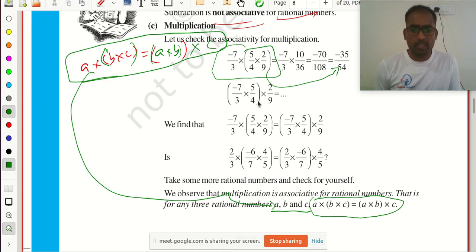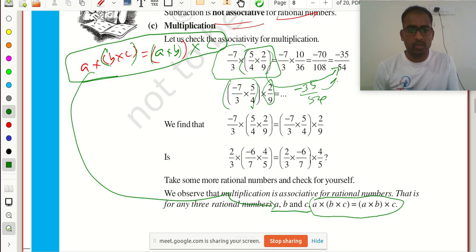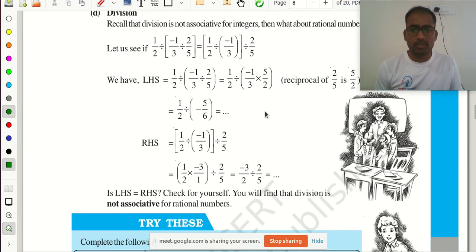Again I am changing the bracket itself, so I am changing the order of operations. Initially I did this first, then multiplied with this. Now I am multiplying here first, then the result is multiplied with this one. So here I will get the same, minus 35 by 54. These two are the same, so I can say multiplication is associative for rational numbers.